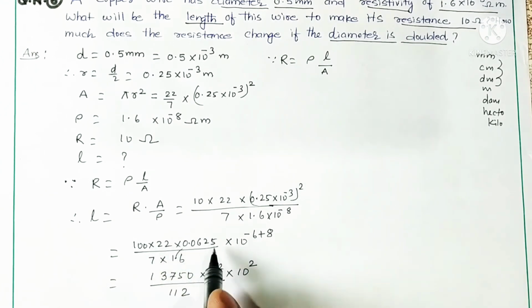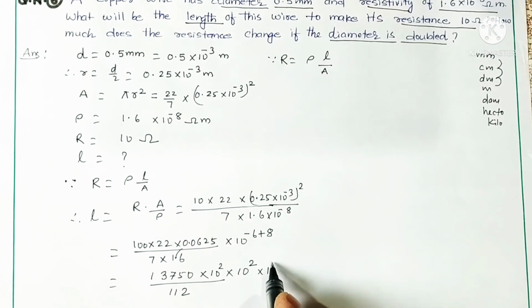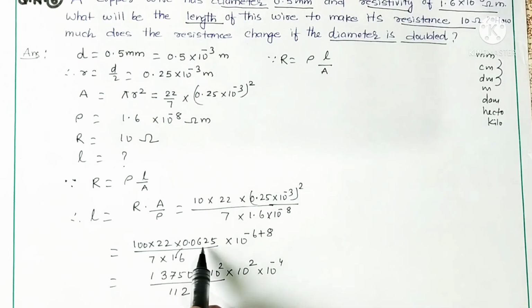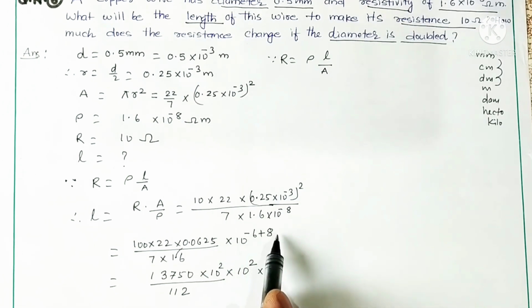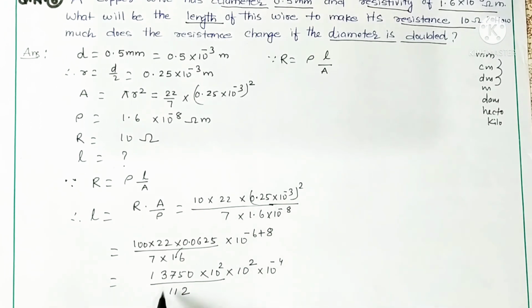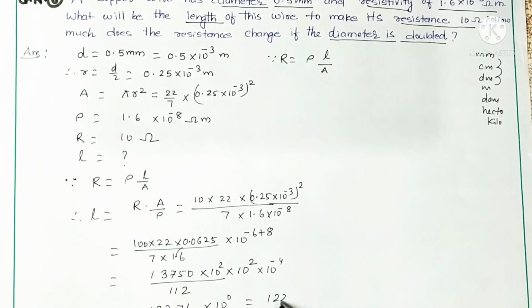Now the decimal goes here, and how many zeros are there? 1 2 3 4. So we have to write 10 to the power minus 4. Why? Because it will be in the denominator, and when you transfer it to the numerator it will be this. Then if you divide this term, we will get 122.76 into 10 to the power 0, that means 122.76 meter. This is the length of the wire.